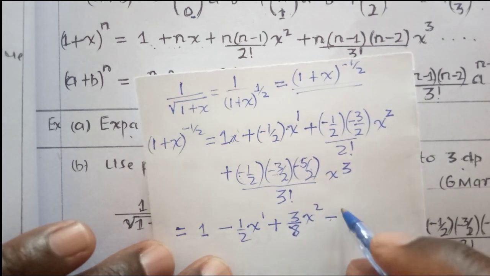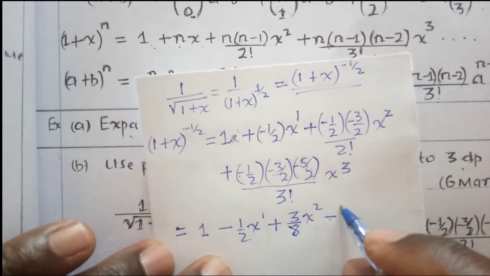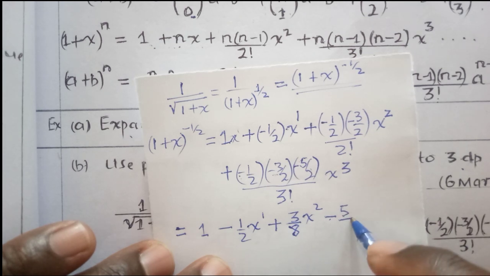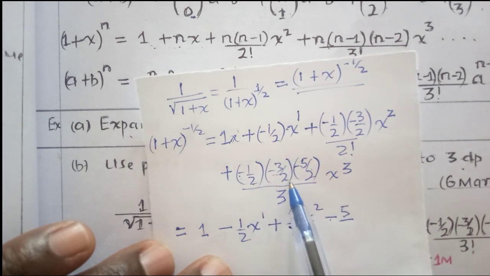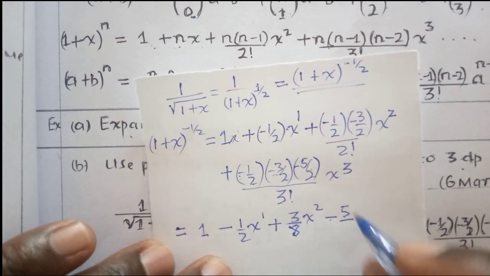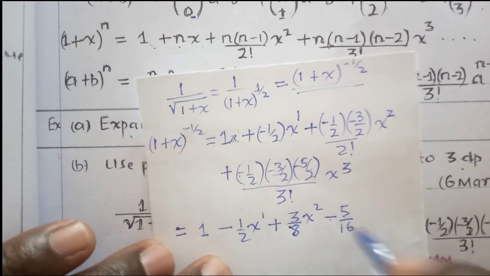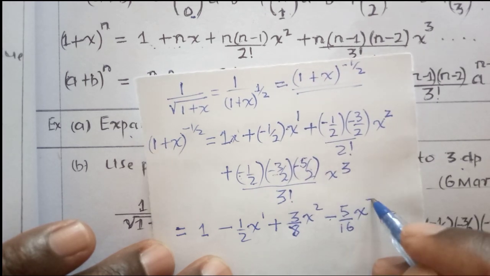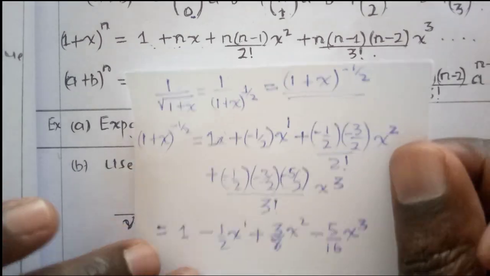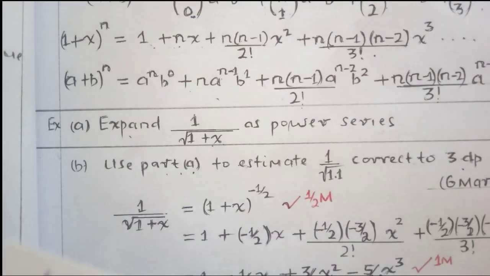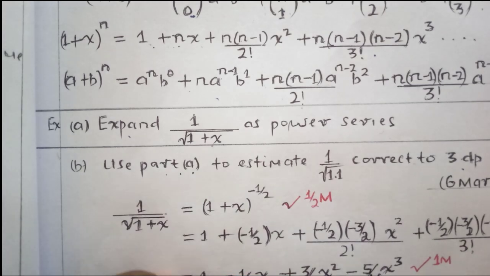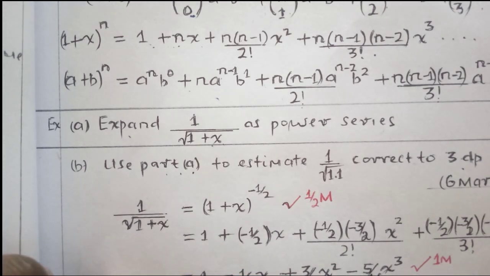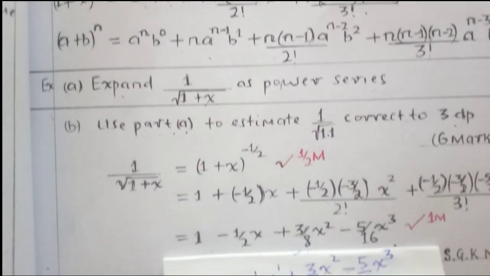Multiplying that one, you get 5, all over 2 times 2 times 2 times 2, which is 16, x cubed. You can compare that answer with whatever has been given here. This is the answer you are supposed to get.